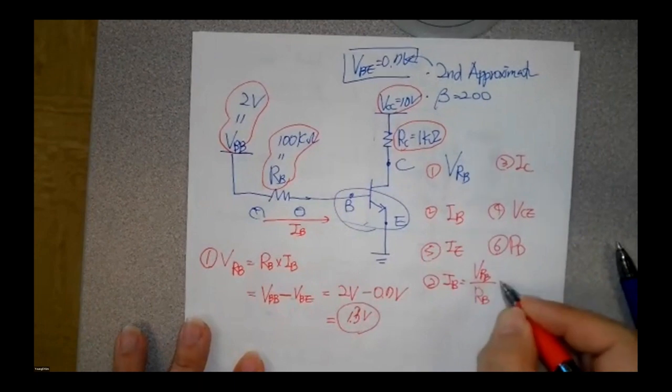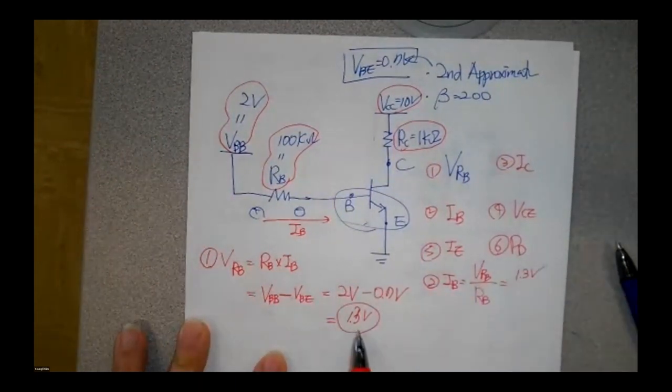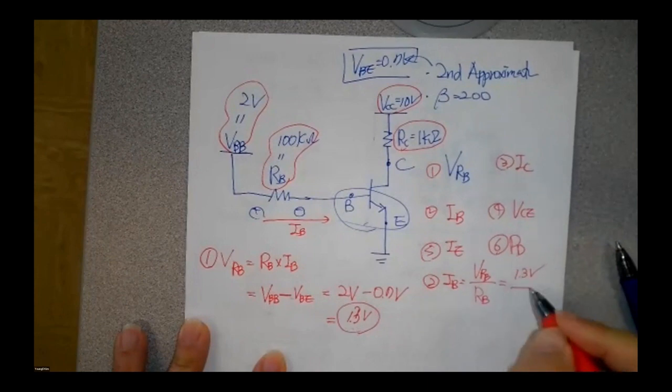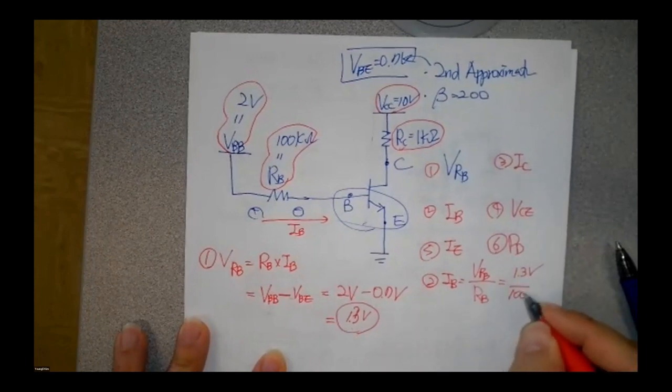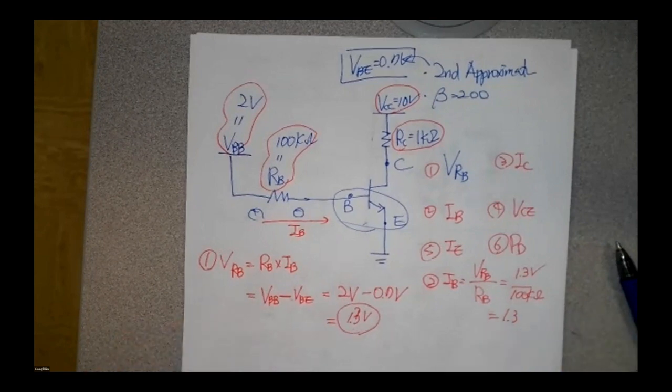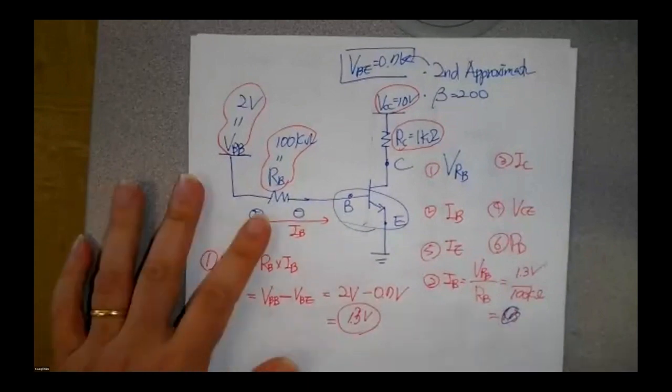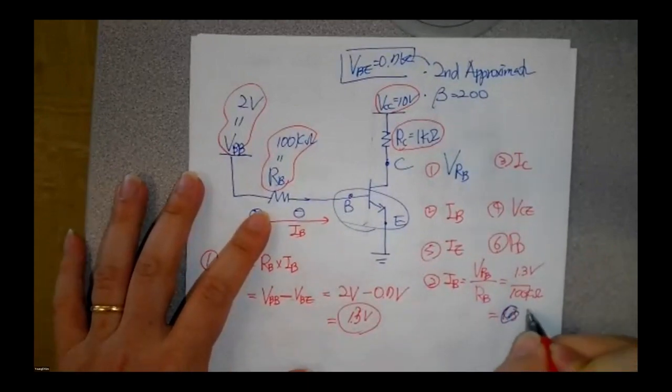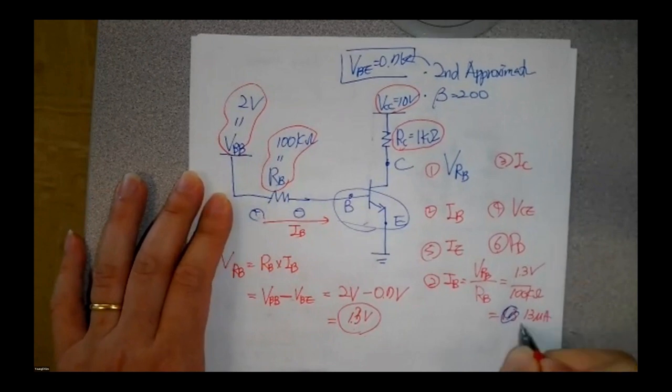So V sub R sub B, we have already calculated from question 1, divided by R sub B, 100 kilo ohm here, 1.3 divided by that. So 13 microamp.